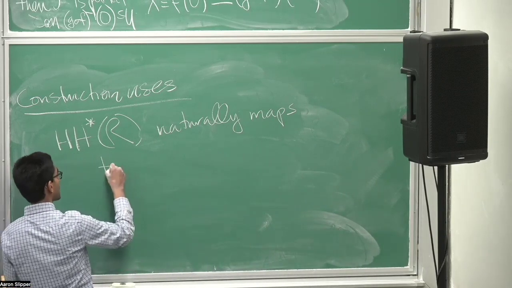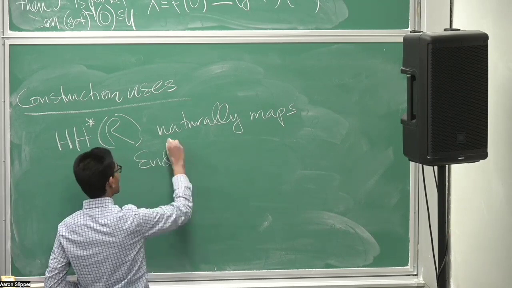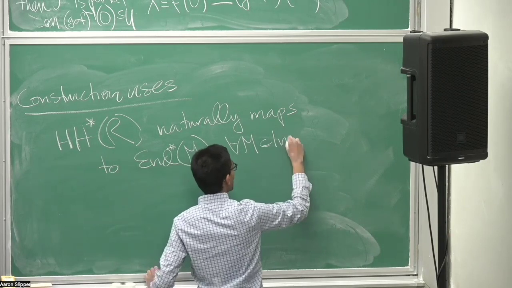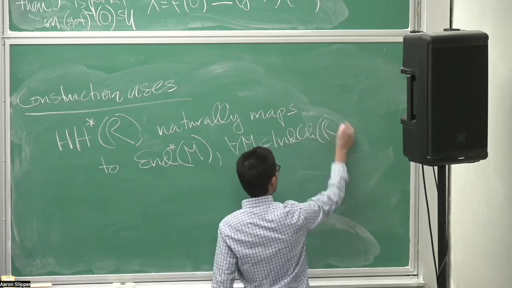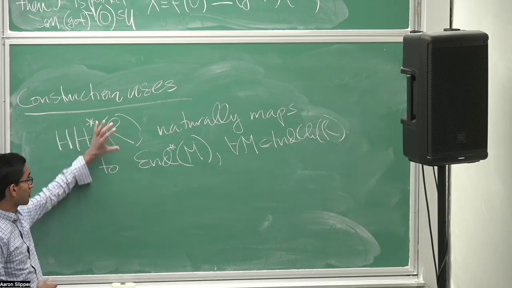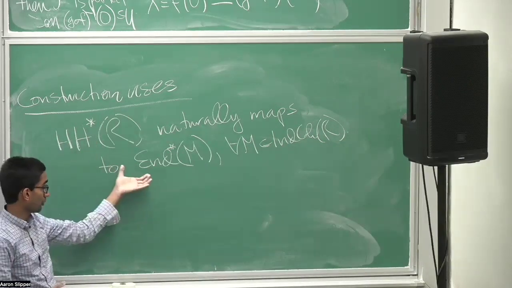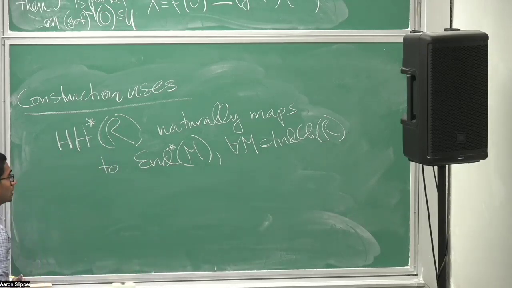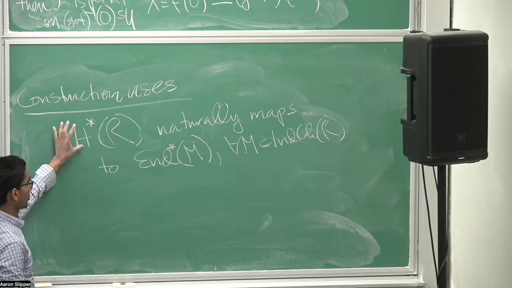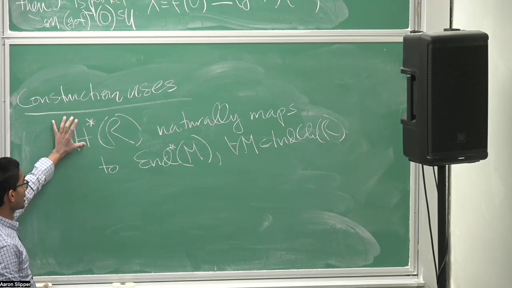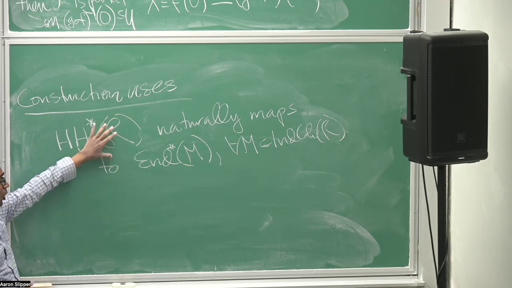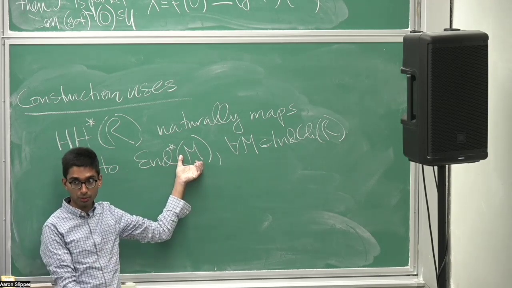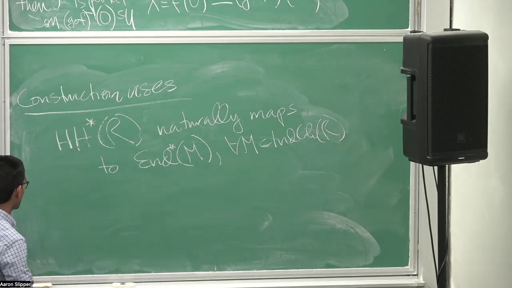So it naturally maps to endomorphisms of M for all M in ind-coherent of R. So you have a natural map from this Hochschild cohomology ring of R into the ring of endomorphisms of any object in ind-coherent of R. So if you're given a homogeneous ideal in here, you could ask that when you invert those elements on M, you get 0. So you can make the same kind of definition as before.